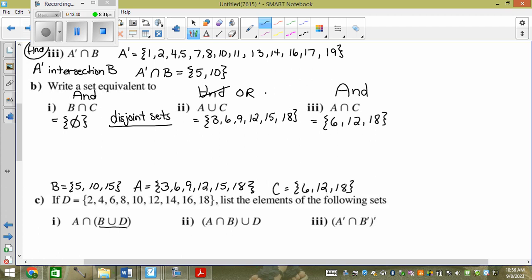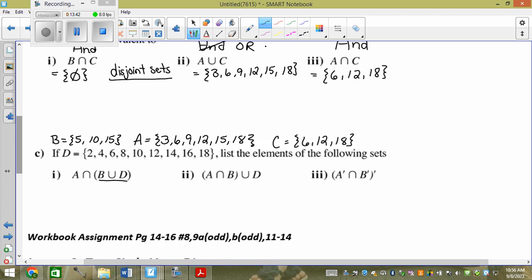All right. So this one here, A and B or D, right? So I have to do B or D first. So I'm going to do that first. B union D. And this doesn't mean the word and. It's or. So if it's in B or it's in D, I list it, correct?